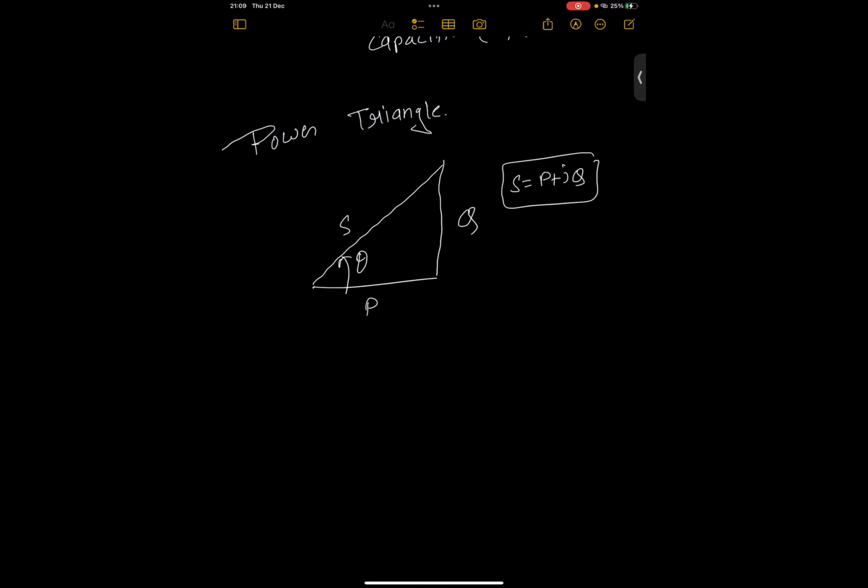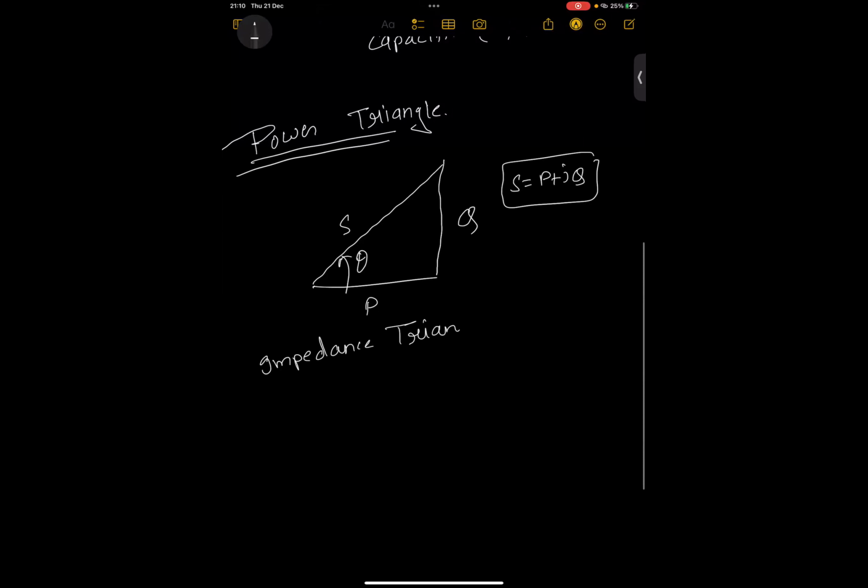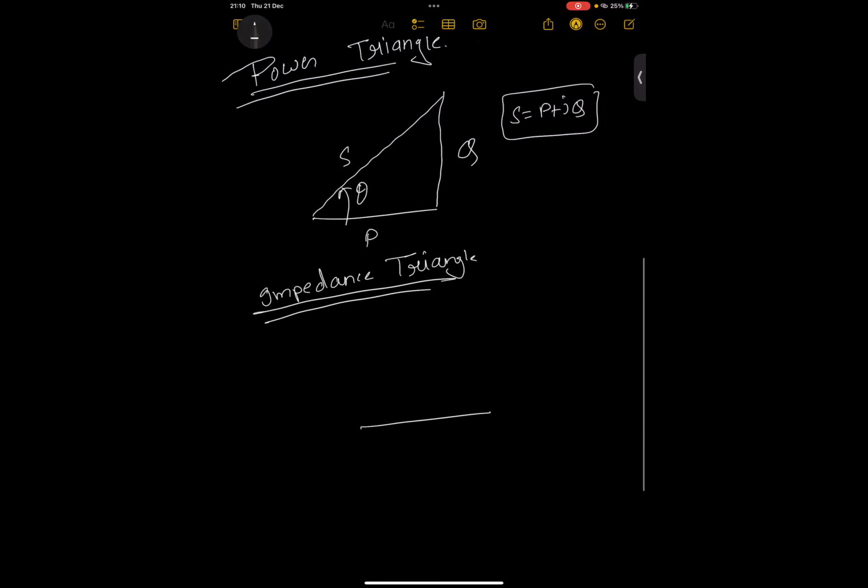Okay. And this is your power triangle, impedance triangle. This is R, X, or this one is XL or XC, whatever, depends upon the data, theta, and this is the modulus of Z.